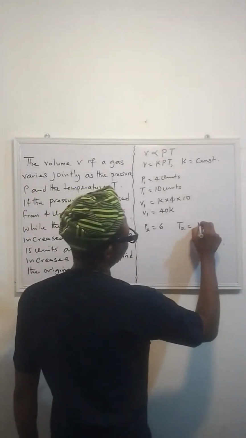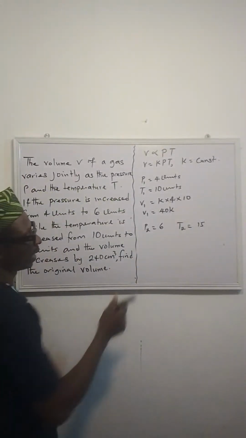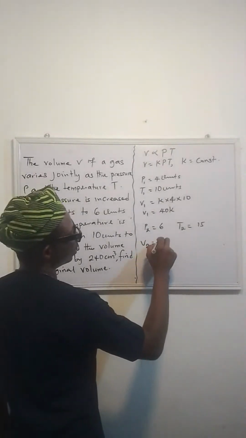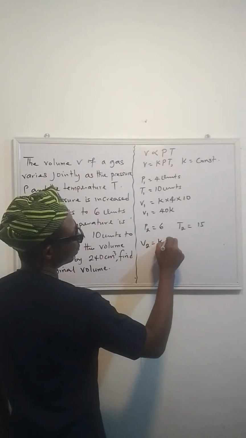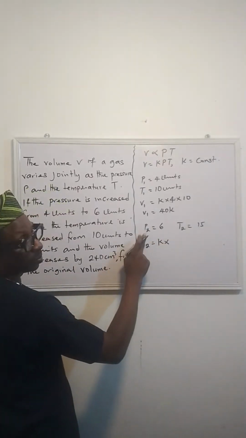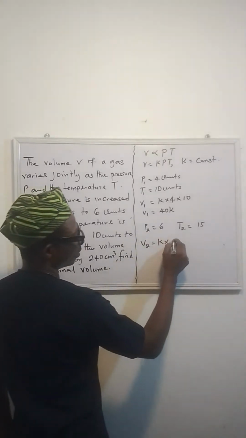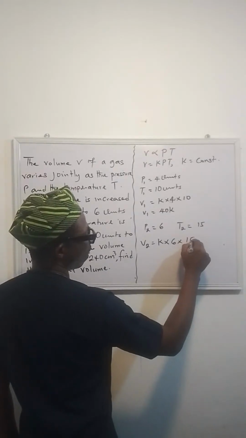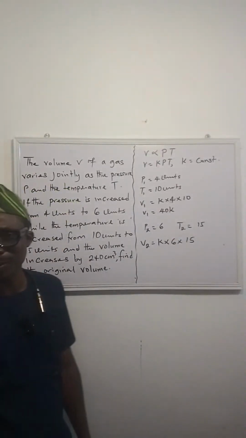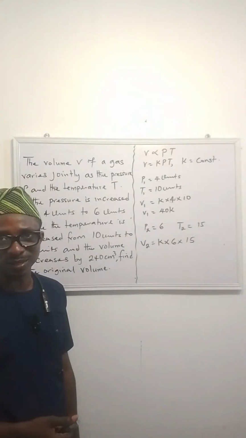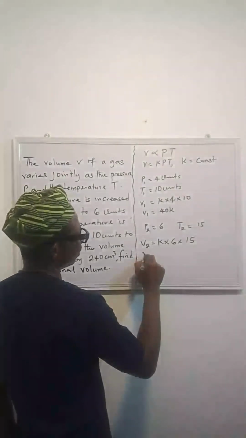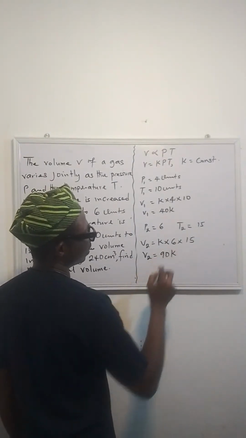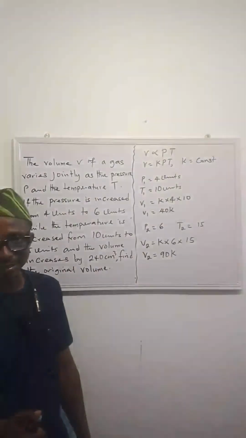So we can get the volume V2. V2 is K times 6 times 15. I want to believe we understand that. So this gives us V2 equals 90K.